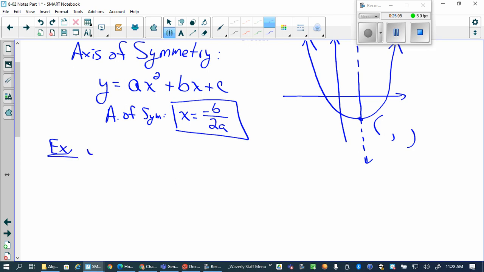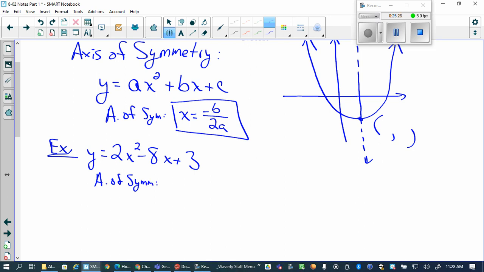Let's take y equals 2x squared minus 8x plus 3. Okay? And I want to find the axis of symmetry. Well, it's x equals negative b over 2a, right? So x equals, tell me what to put in there. What's the value of b?